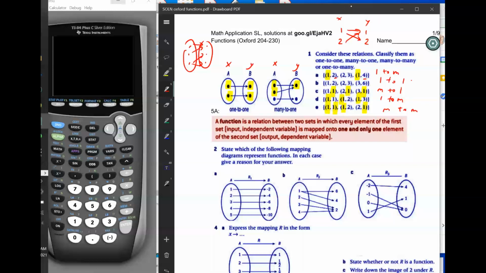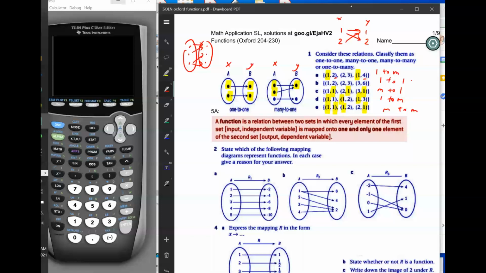A function is a relation between two sets in which every element of the first set, input, independent variable, is mapped onto one and only one element of the second set. So basically what we want here is we do not want repetition of the y values, because if we have a 1 to many, that would be the equivalent of a violation of the vertical line test, or it would create multiple functions.